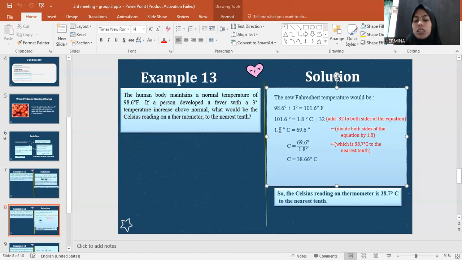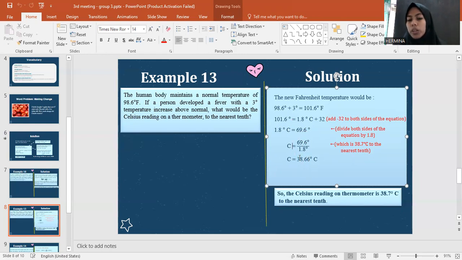Automatically the 1.8 and 1.8 cancel to 1, so we're just going to write C, and 69.6 divided by 1.8 is equal to 38.66 degrees Celsius.